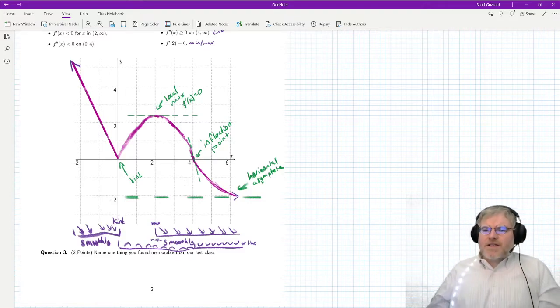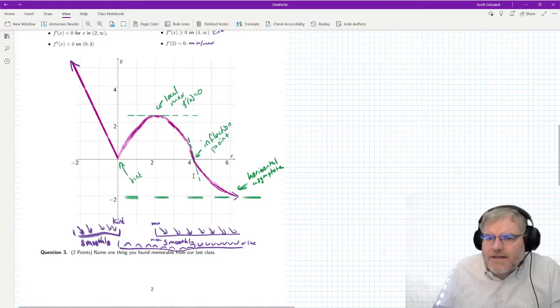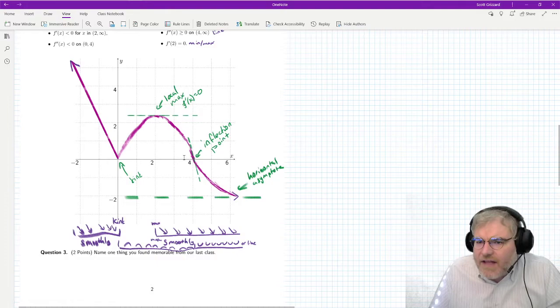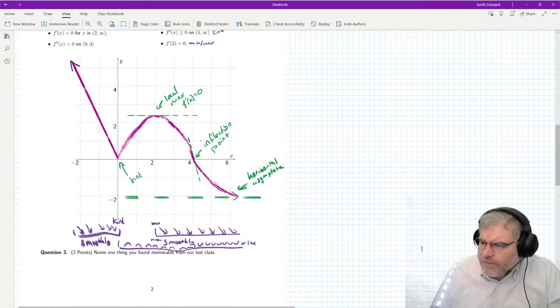So on one side, the tangent line is below, and on the other side, the tangent line is above. Totally optional. You didn't have to draw that. But I set an inflection point there, and then I set a horizontal asymptote here. 1 to 5, how do we feel about this graph? This one's a little involved.